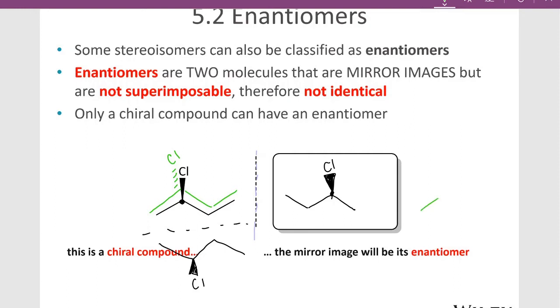So the easiest way to draw an enantiomer for a molecule is to simply swap the wedges and dashes, and then you have the enantiomer. So in other words, this molecule is the same as this one.